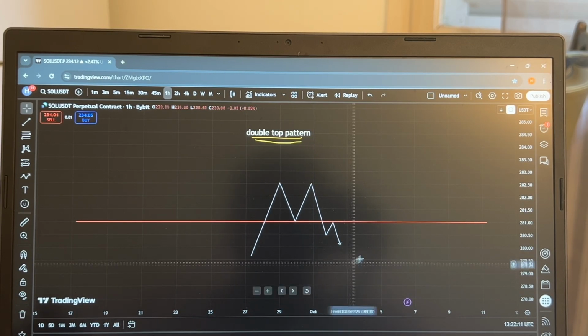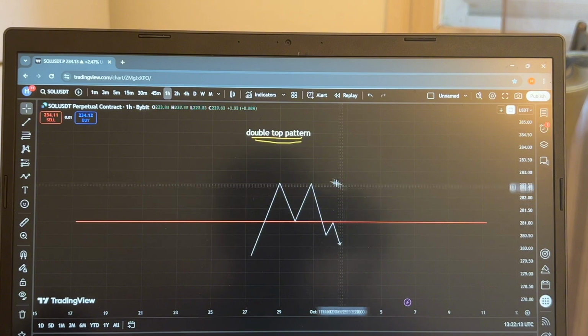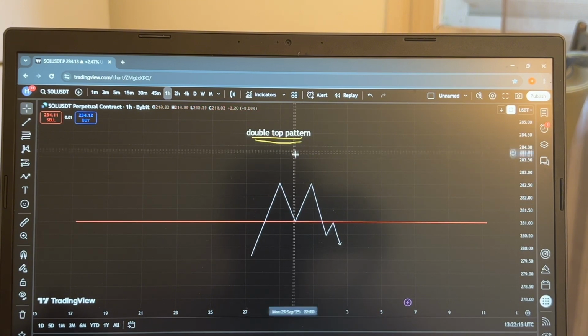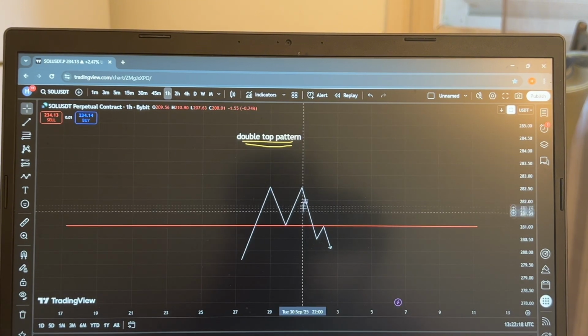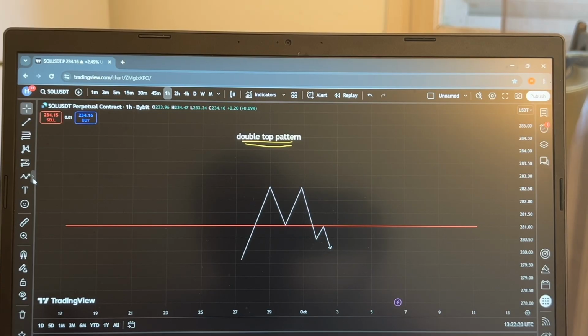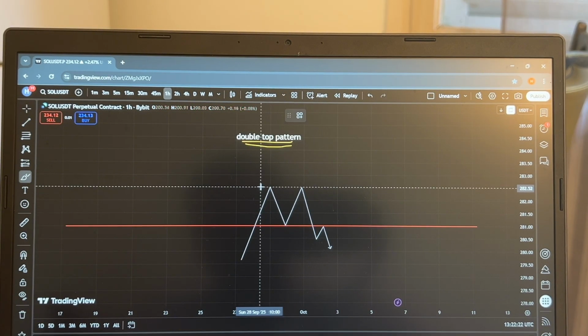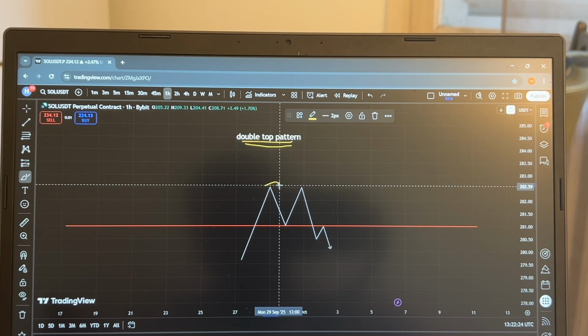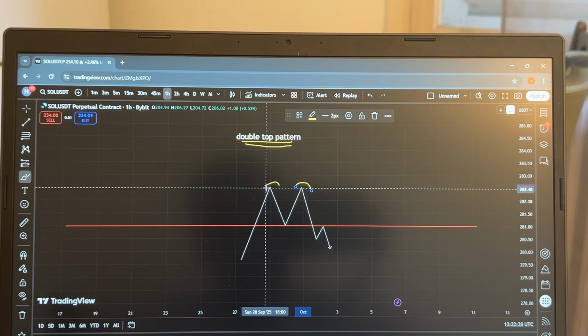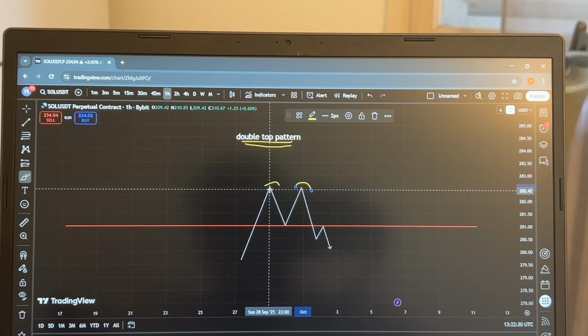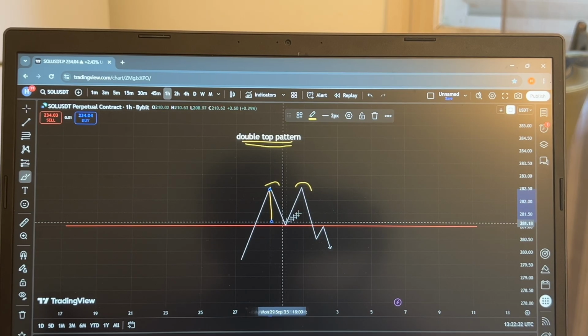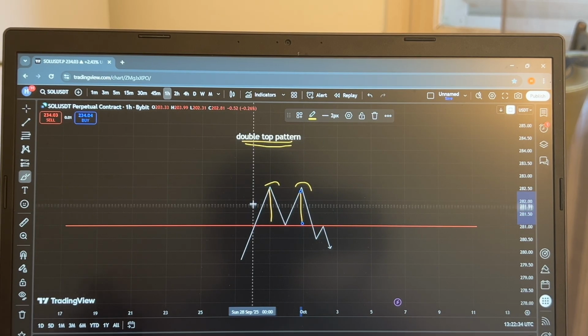So this is the default version, the basic idea of the double top pattern. Always remember, in this scenario it has the same height, so these are similar highs. Okay, these are similar highs, always keep that in mind.